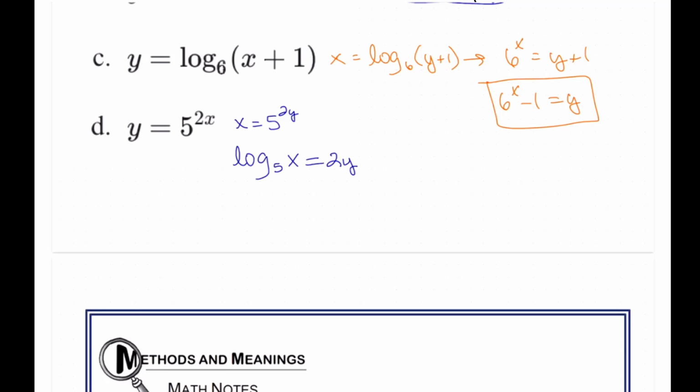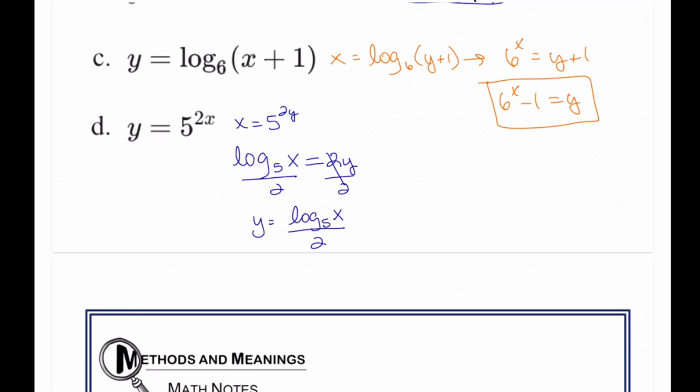Then divide both sides by 2. So we get y equals log base 5 of x, all divided by 2.